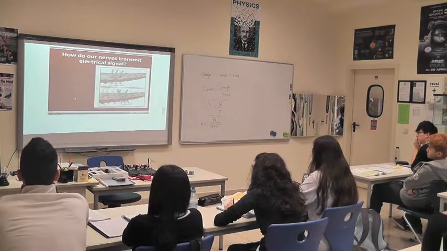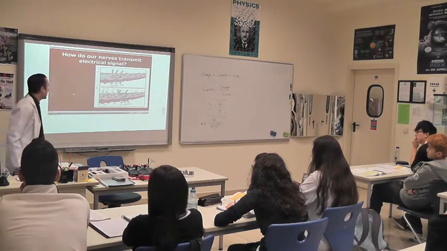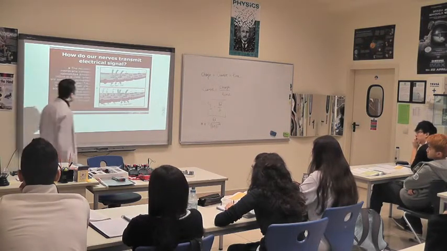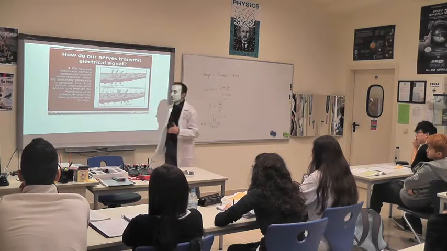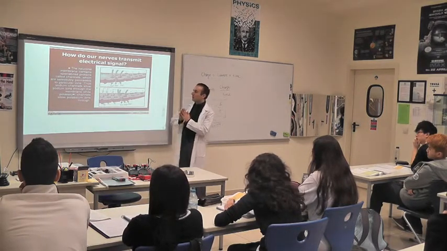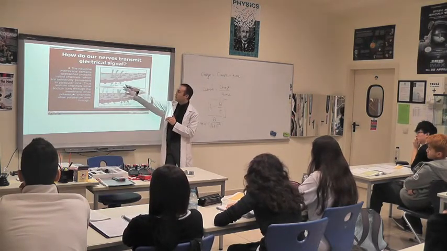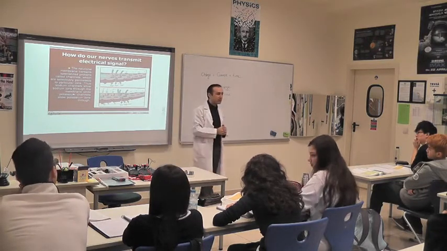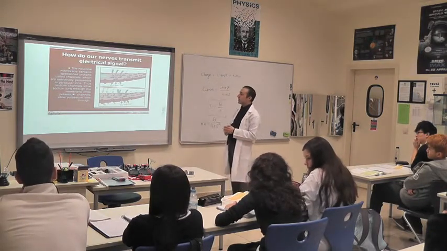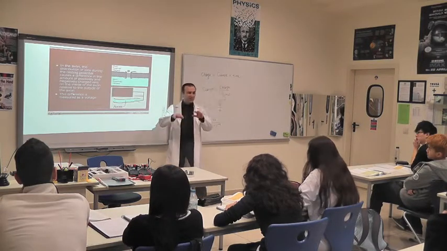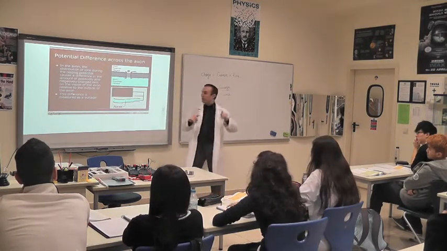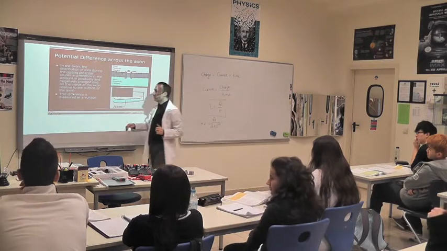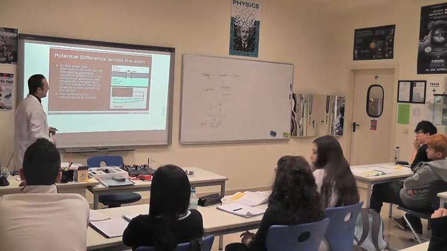So, remember the charge carriers I told you about. There are positive charges in the membrane of a neuron. These are sodium and potassium ions. Sodium ions are distributed above and potassium ions are at the lower part of the neurons.